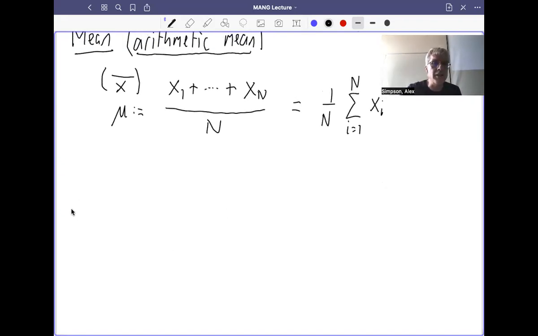Then there's what's in English called the median. And this is the middle value if you write all the data values in a sequence.